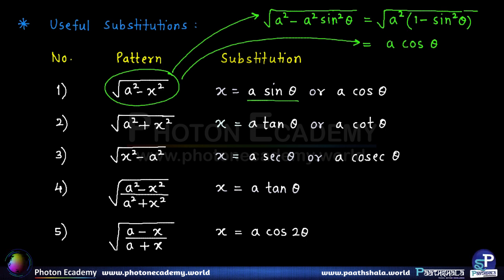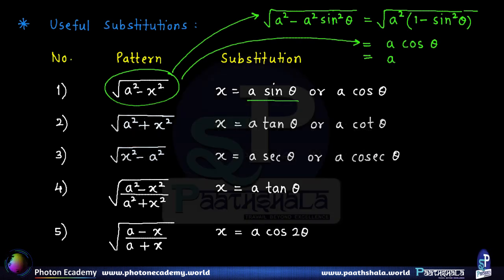Of course, at the end, since theta is the variable which we brought on our own for the sake of substitution, we must replace it with the corresponding inverse function. So if we put x as a sine theta, that means sine theta is nothing but x by a.